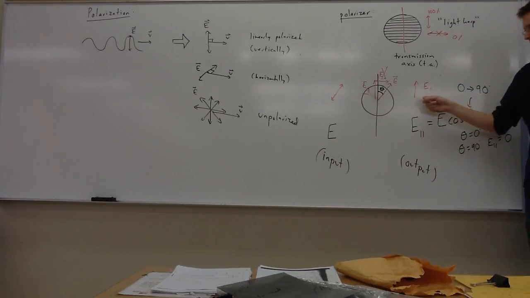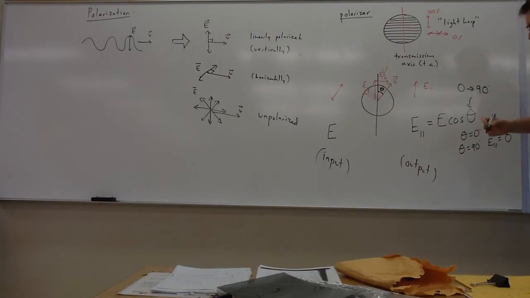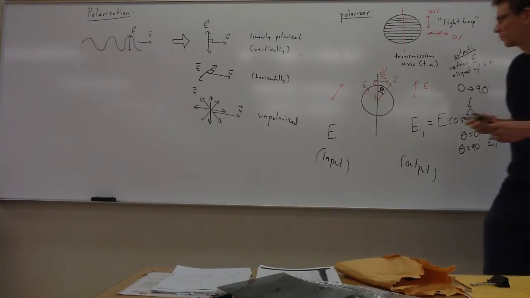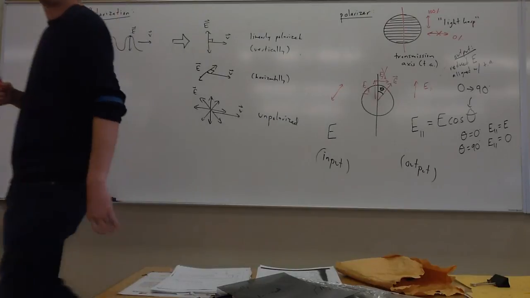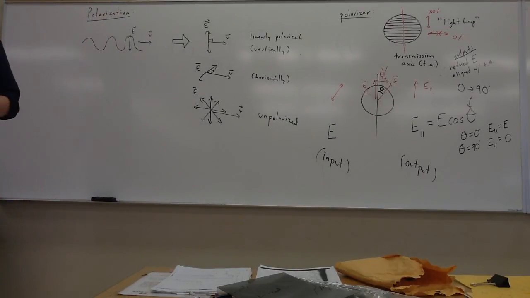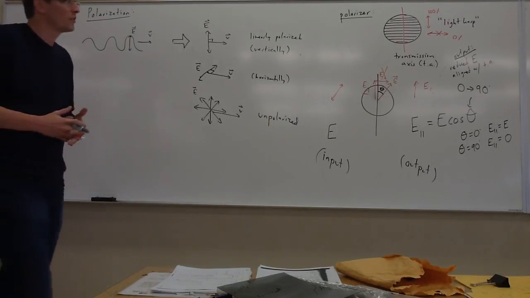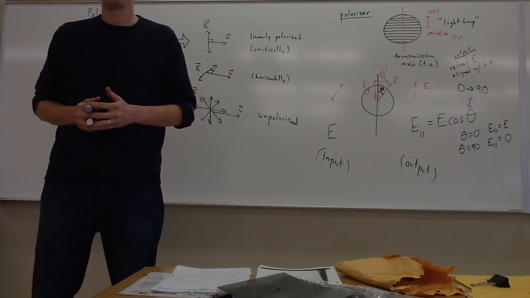So remember that what comes through is not only reduced, it's also aligned with the transmission axis it just came through. So the overall size of the wave is reduced, and whatever does make it through will be the part that was aligned with the transmission axis. The polarizer, in some sense, can rotate the polarization as well as reduce its size.